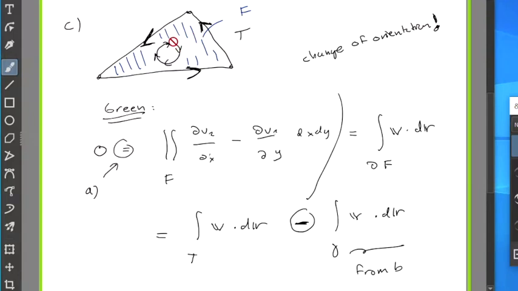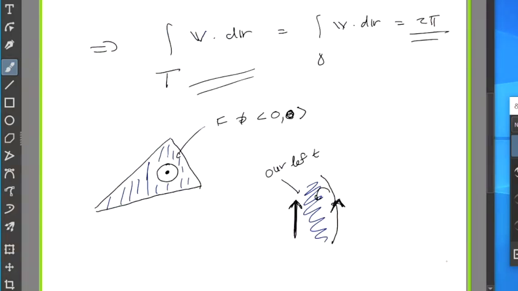So again, the circle and the triangle. Let me change slide here. So let's zoom in only on the circle.